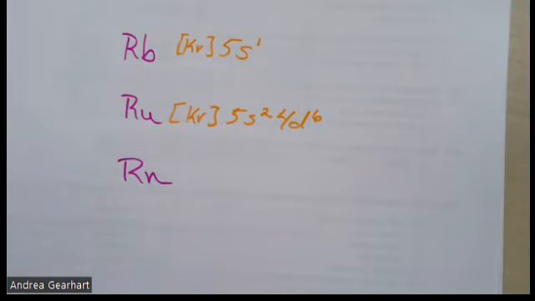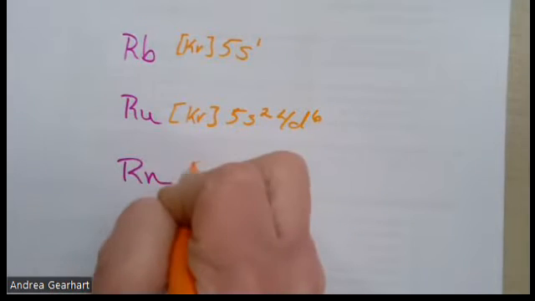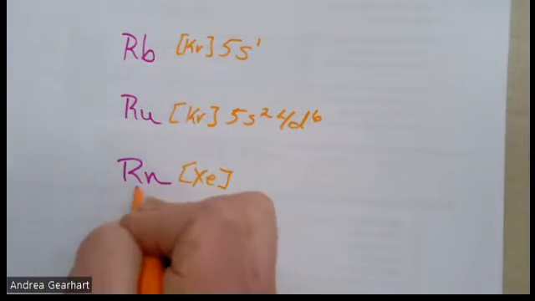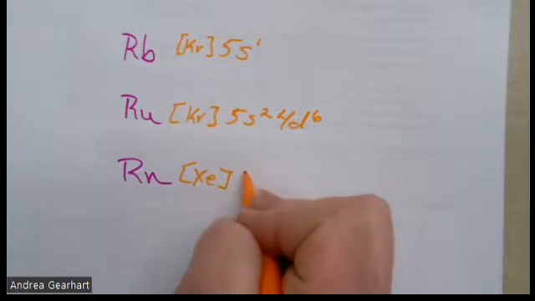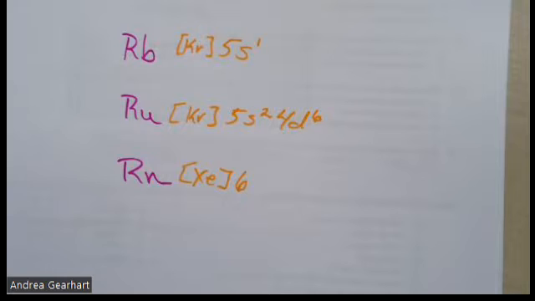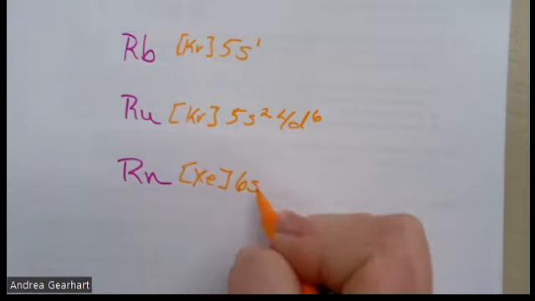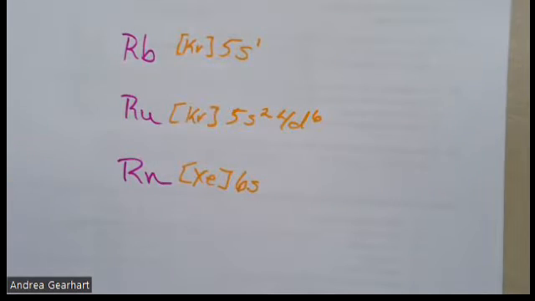Then radon. So we start with xenon. Radon is in the 6th period. So we first have to go through the S block. Then we have to remember, and I think this periodic table helps us a little in that this element block's a little weird, to remind us, don't forget the F block.